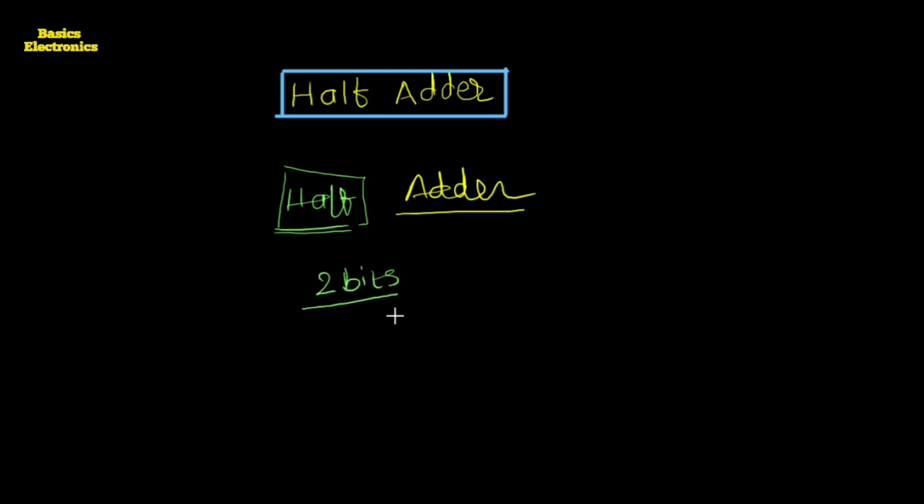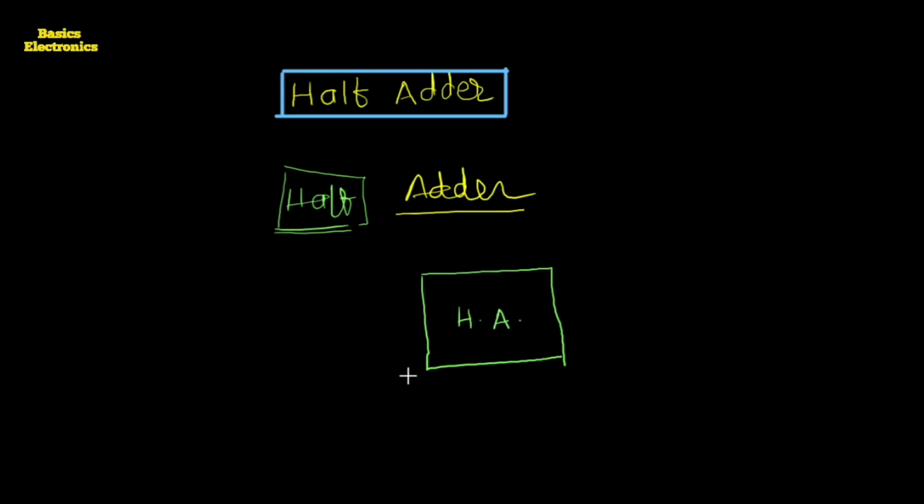Suppose we draw the symbol of this half adder, or use one block for the half adder like this. Here is the half adder. Inside we write HA, where H stands for half and A stands for adder.